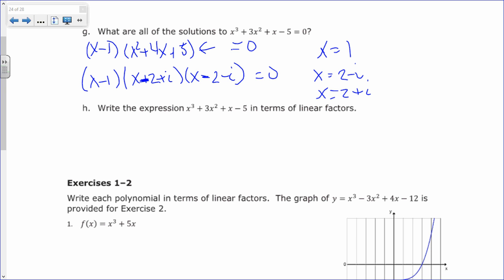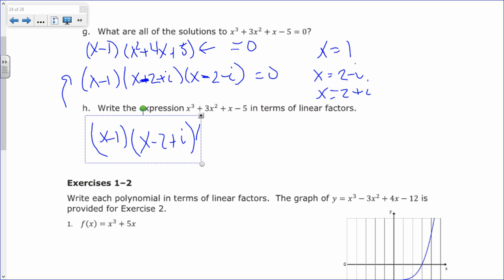Write the expression in terms of linear factors, which is essentially what I just did: x minus 1, x minus 2 plus i, and x minus 2 minus i. No equals 0, because it says an expression.